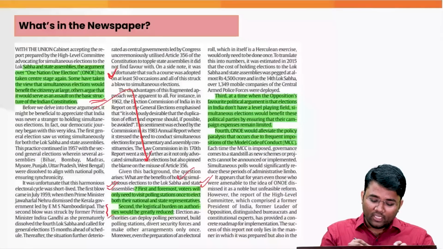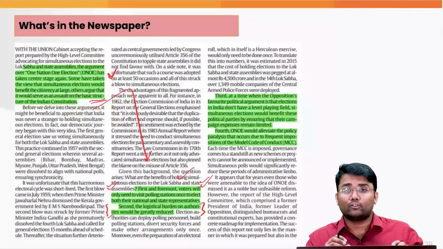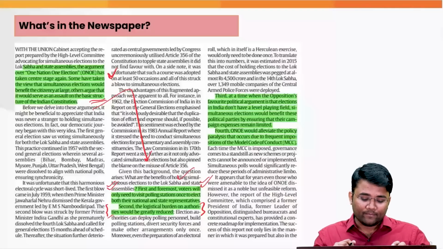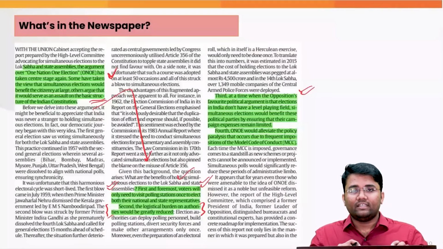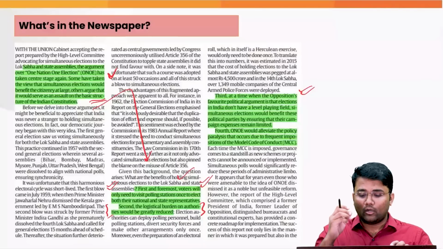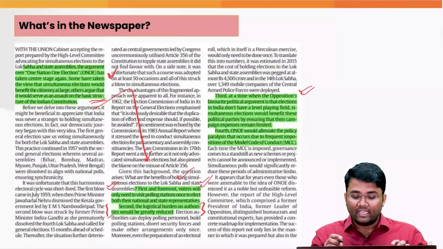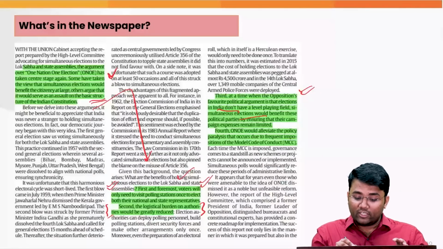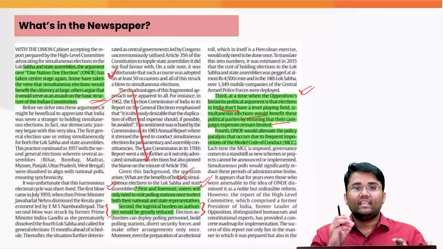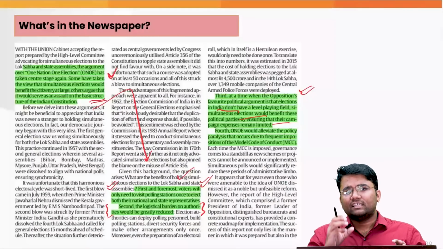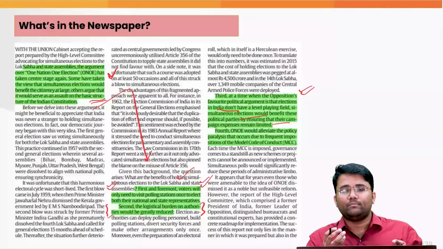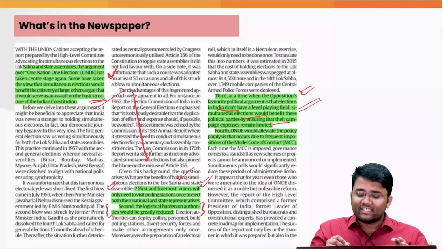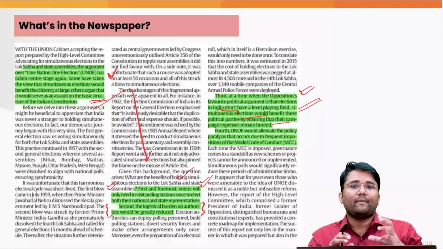Second, it will also reduce the logistics burden on the authorities conducting the elections, for example, the Election Commission of India. The third important benefit highlighted is that the opposition's favorite political argument is that elections in India don't have a level playing field; simultaneous elections would benefit these political parties by reducing their campaign expenses. Some small parties as well as opposition parties have highlighted that since they have limited funds, whenever there are frequent elections, they cannot campaign properly.